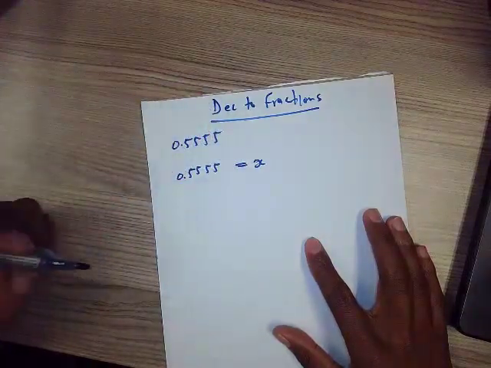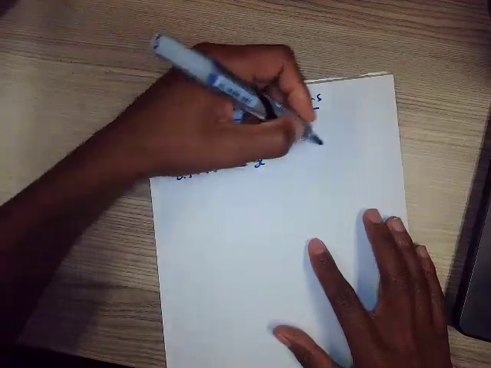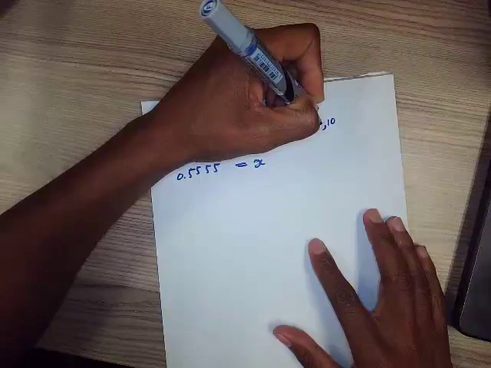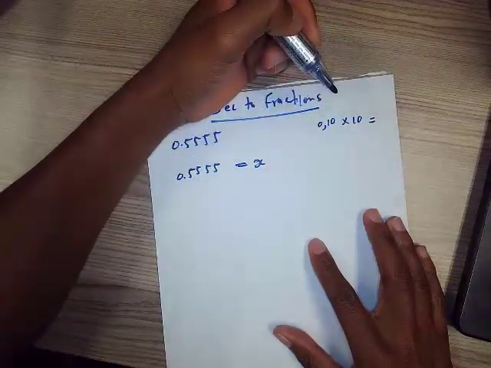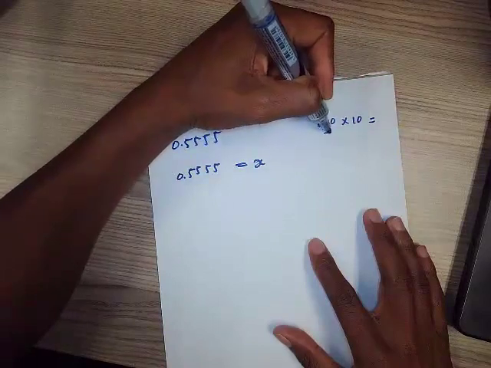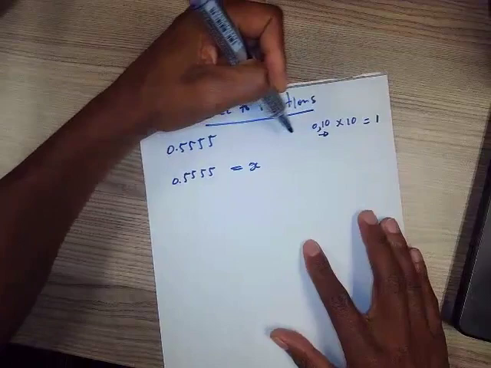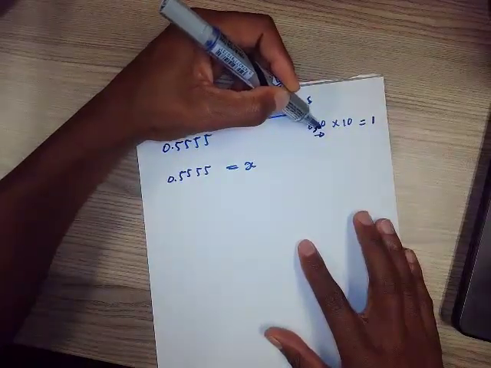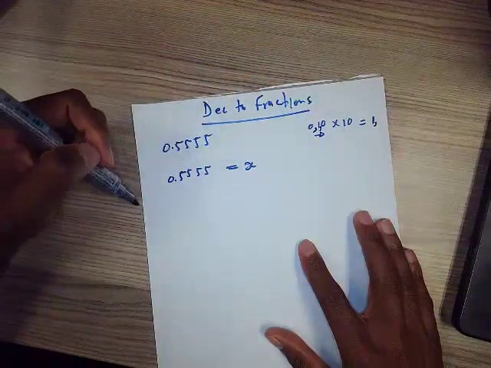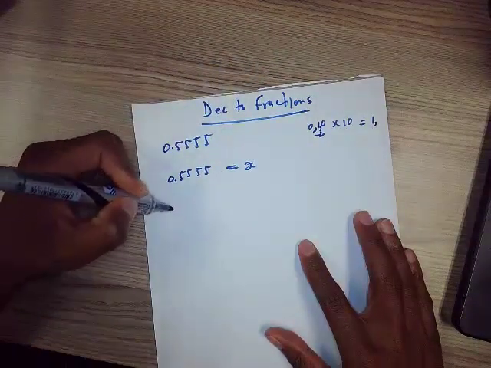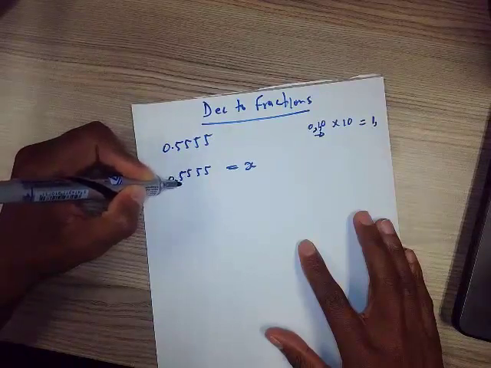Remember when we just did the fractions, you multiply by 10, it will move your comma to the right, so it will move from here to there, which makes it 1. So same here, you multiply by 10, it will move your comma from here to there.